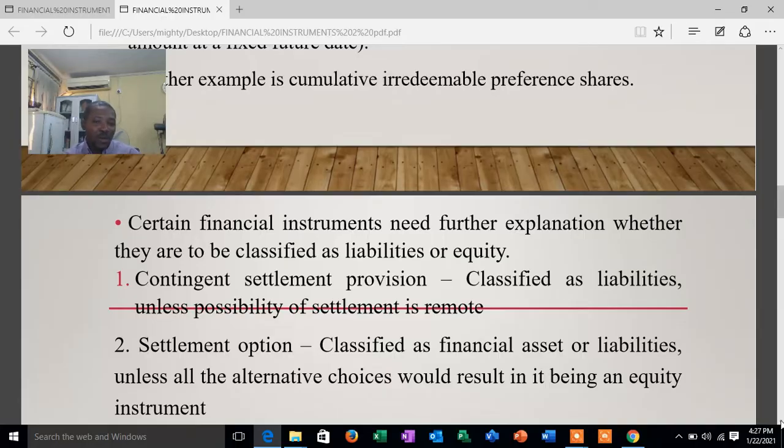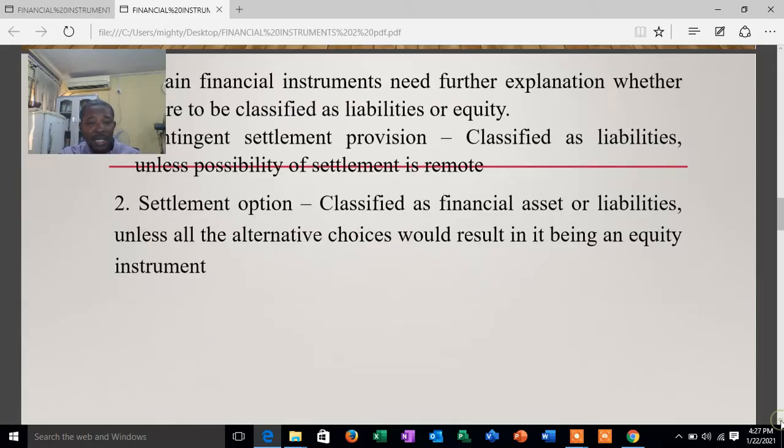So in as much as all other alternatives will not result in it being regarded as an equity instrument, then the settlement option is taken as a financial asset or financial liability, depending on the nature of the transaction. So that is settlement option.